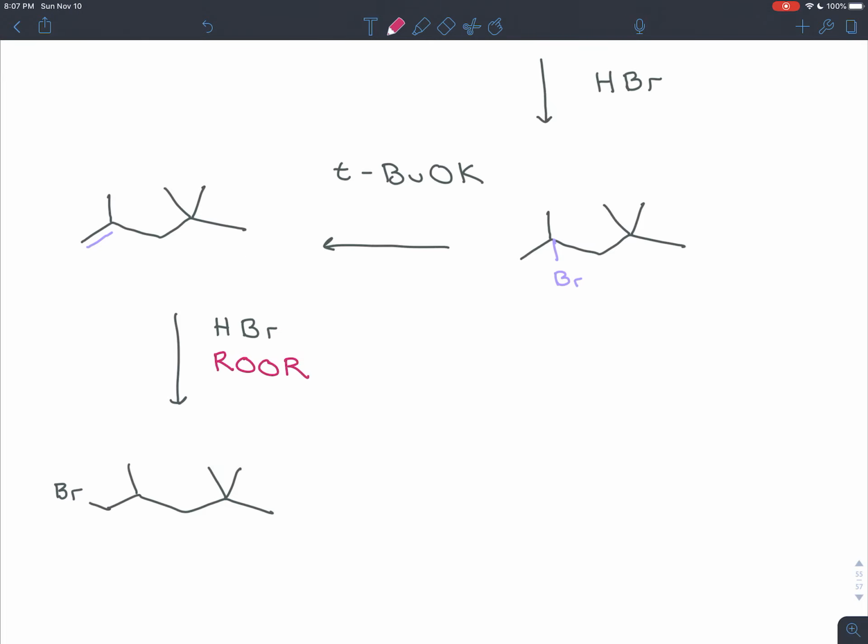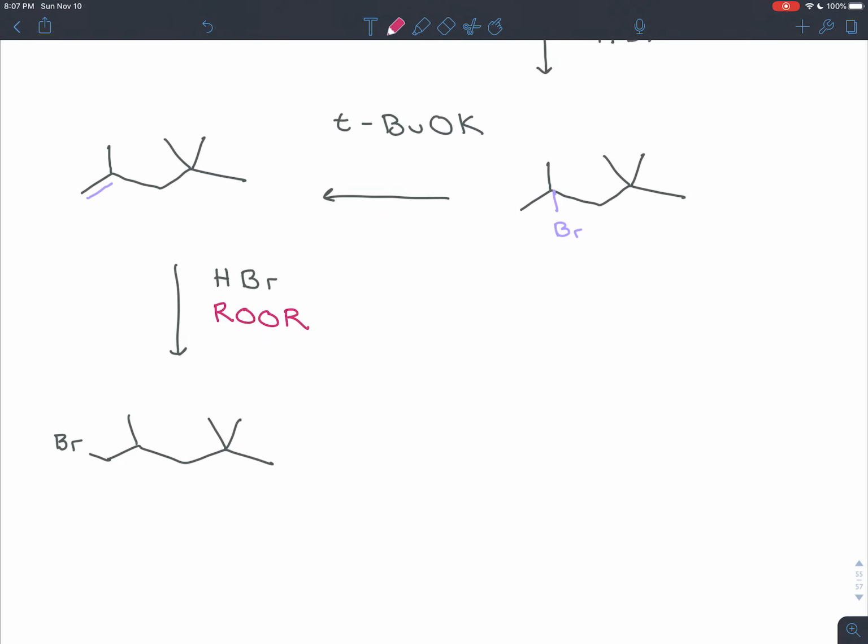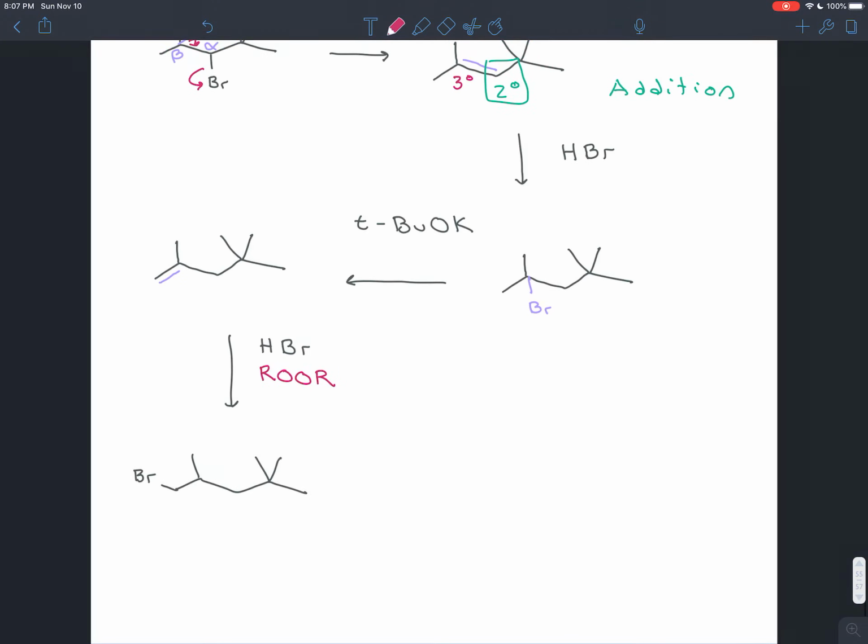You see the pi bond, you're like, okay, we're definitely going to do an addition reaction. What am I going to add? And you notice the bromine and the implied hydrogen in the product. That's HBr that you need to add, and it's anti-Markovnikov addition. The hydrogen ended up going to the more substituted carbon, so you had to add peroxides to get that anti-Markovnikov addition.